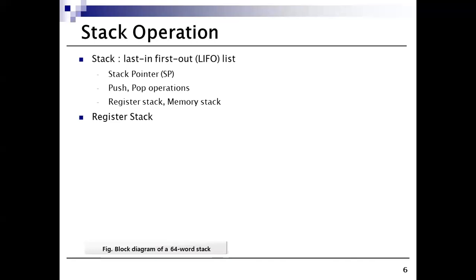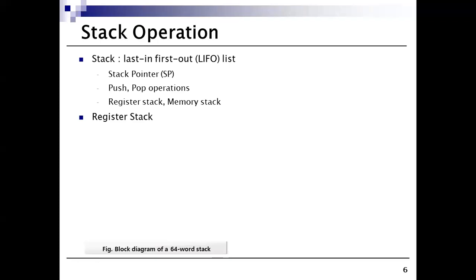Okay. So a stack usually can be implemented in two ways: a register stack or a memory stack. A register stack is a separate structure, organized as a collection of a finite number of registers.